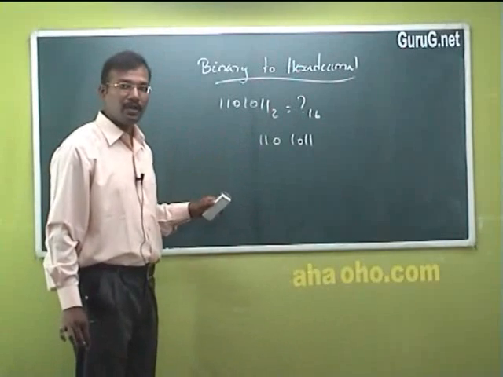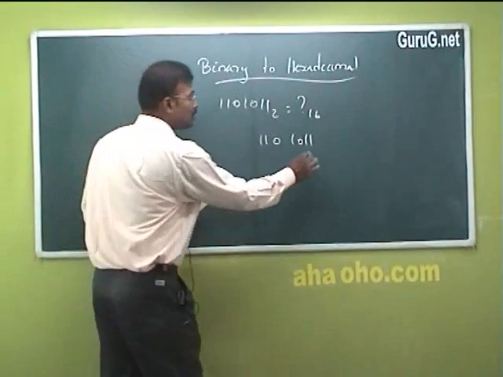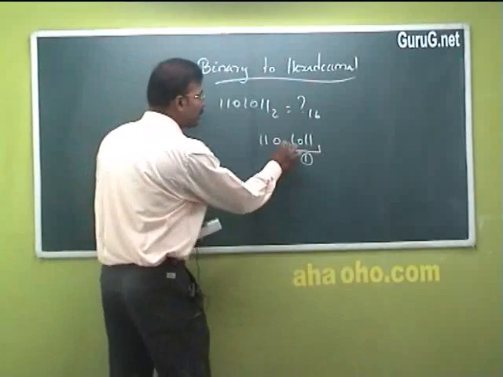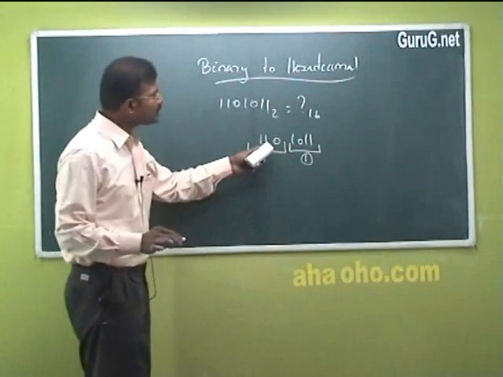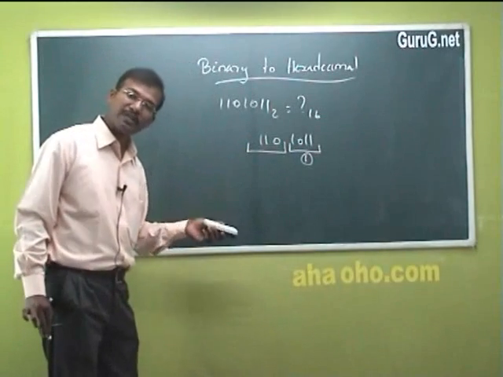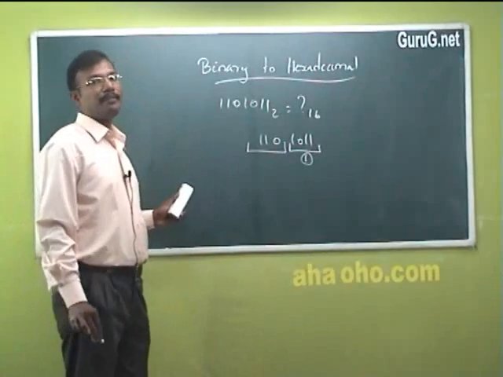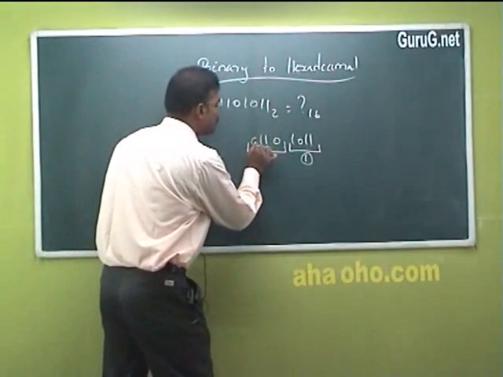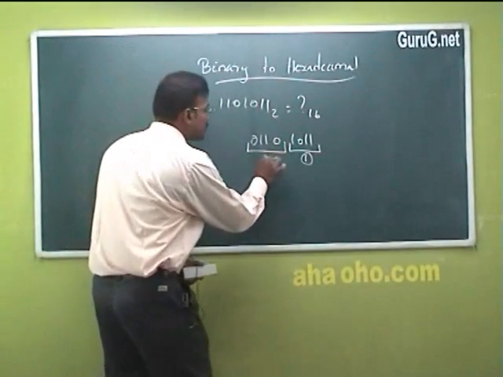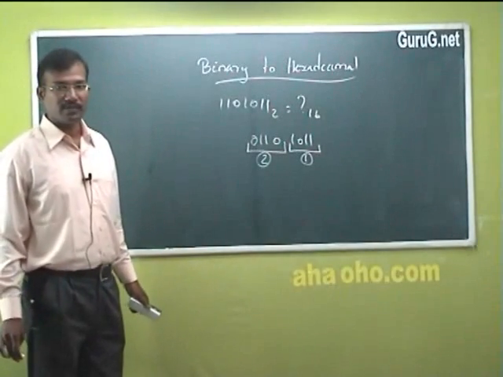From the LSB you group it so that each group contains 4 bits. This will be the first group. The second group contains only 3 bits, so similar to the previous case, we add a 0 on the MSB side, and this also becomes a 4-bit group. This is the second group which we have.